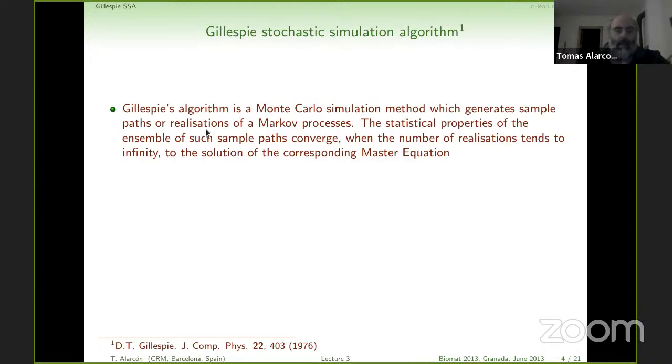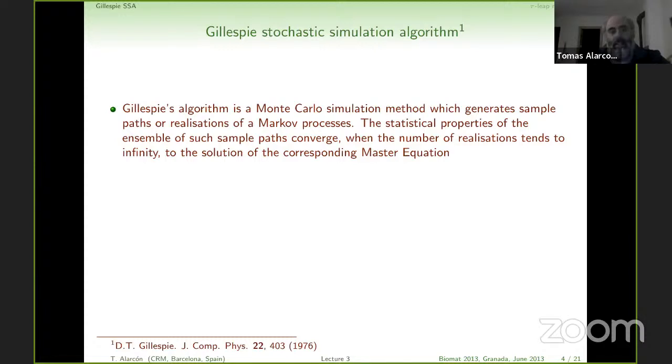The statistical properties of the ensemble of such paths, when we take the number of paths going to infinity, converge to the solution of the corresponding master equation. In this sense, we always say that this is an exact algorithm, because you are sampling the exact solution of the master equation.